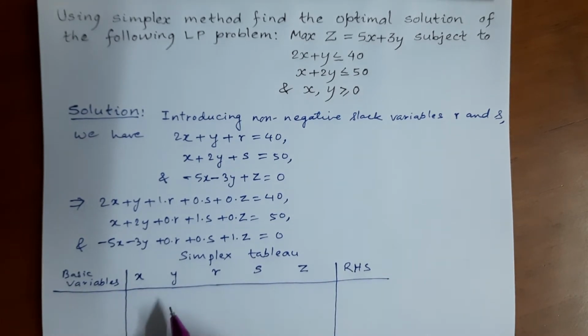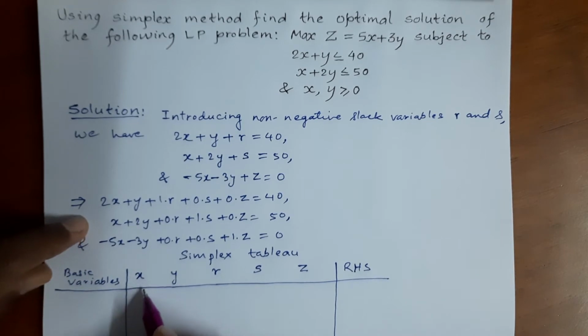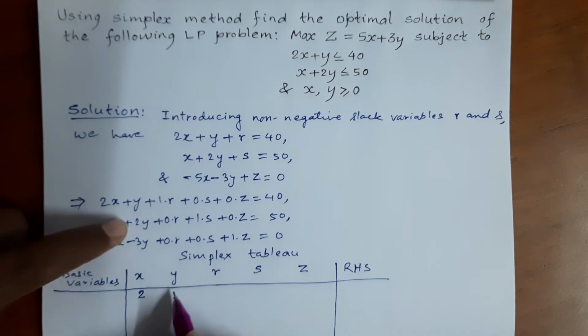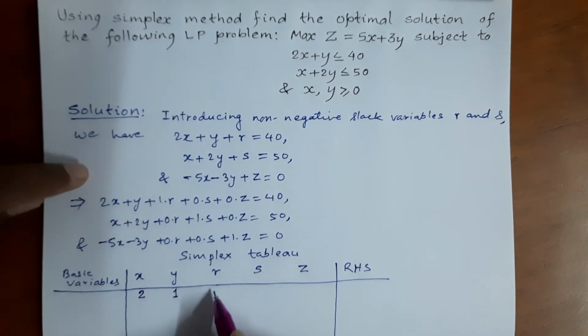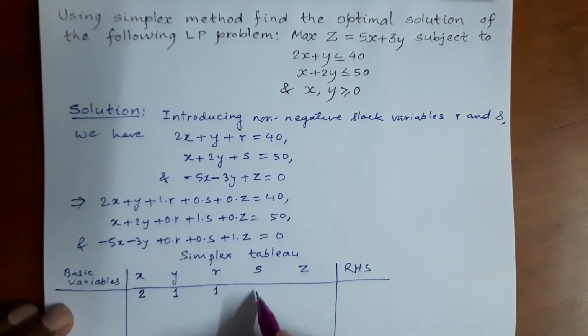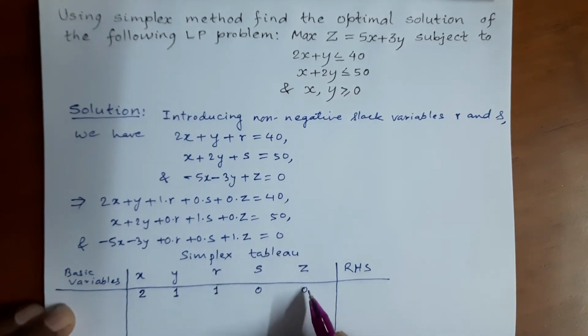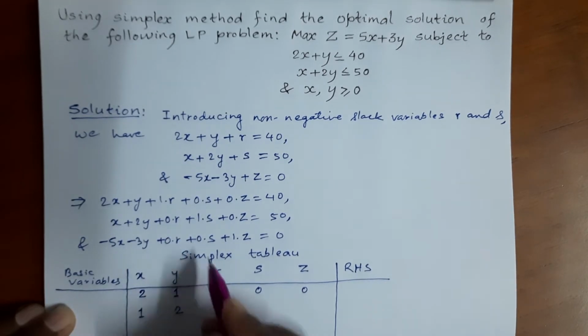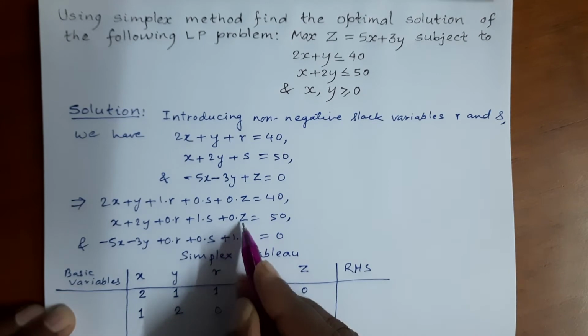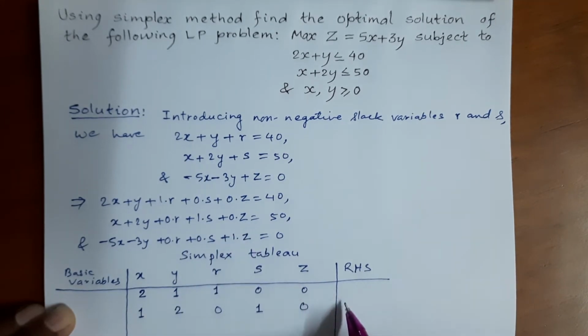So here the coefficient of x is 2, coefficient of y is 1, coefficient of r is 1, coefficient of s 0, coefficient of z 0. In the second row, coefficient of x 1, coefficient of y 2, coefficient of r 0, coefficient of s 1, coefficient of z 0. On the first equation the right hand side is 40, on the second equation it is 50.